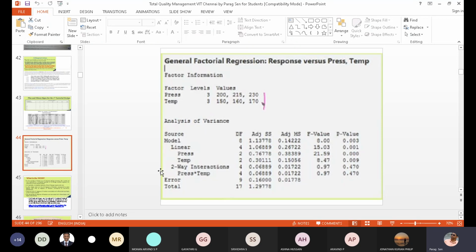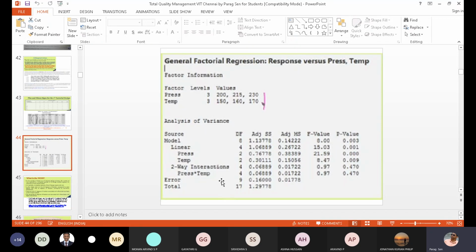You can also see that the effect of the two-way interaction is provided. For the two-way interaction of pressure and temperature, the p value is 0.47, which is greater than 0.05. So the two-way interaction effect is not significant, meaning not statistically significant. Whatever you are seeing here, you have taken only some values, some samples.